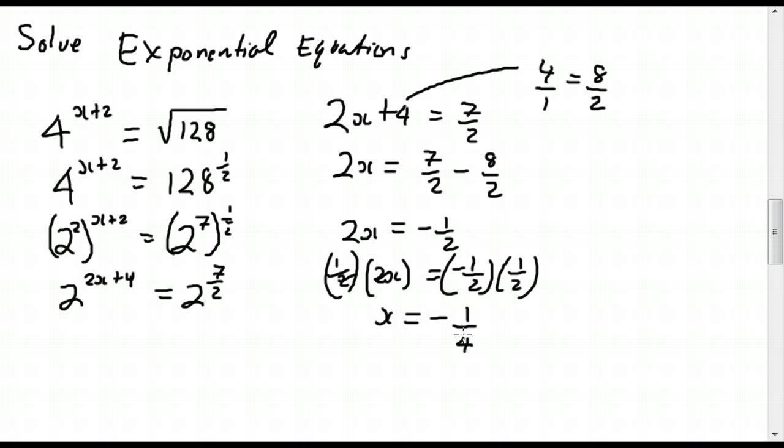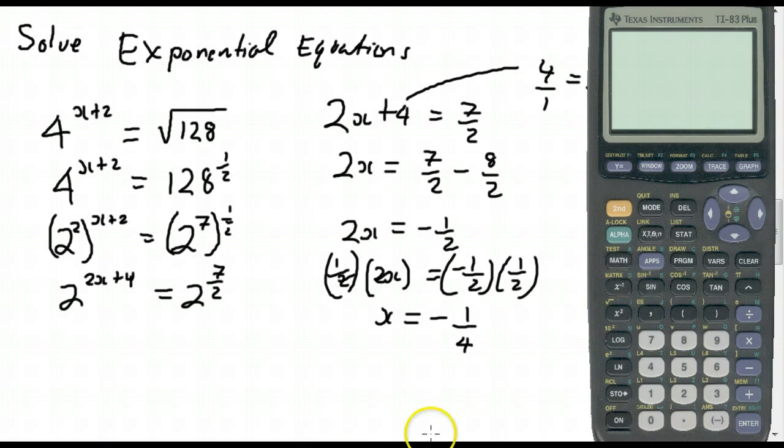Okay, so we have x is negative 1/4. Now, if the test is over and I have time, I can verify this. So I can go 4 to the power of negative 1/4 plus 2.